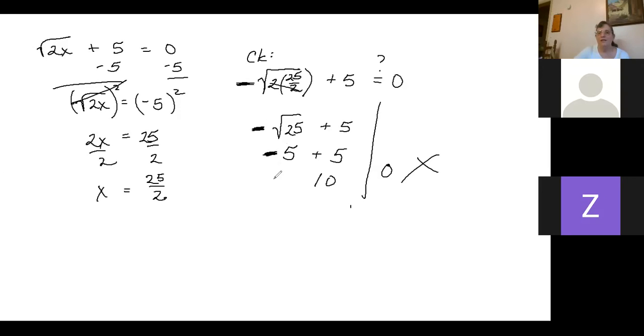This would have been a -5, and this would have turned out to be 0, and it would have worked. So 25 halves is an extraneous root. An extra answer that doesn't actually work.